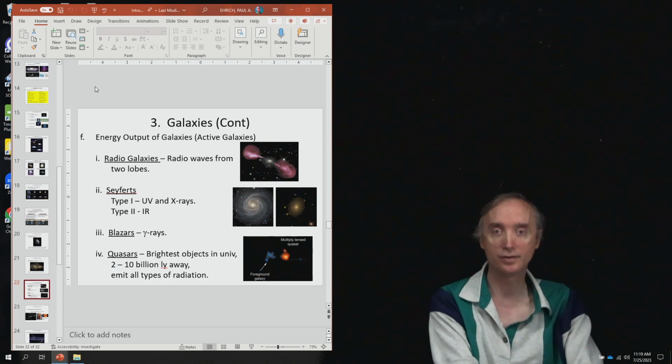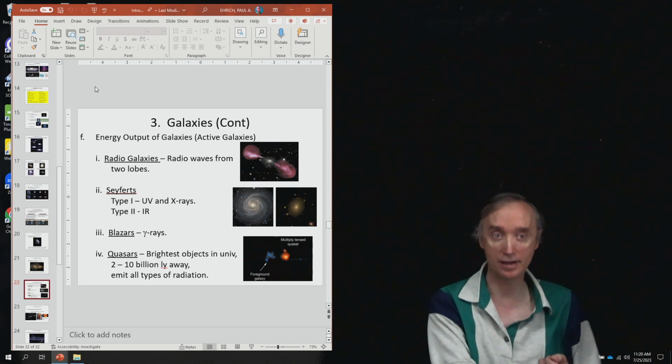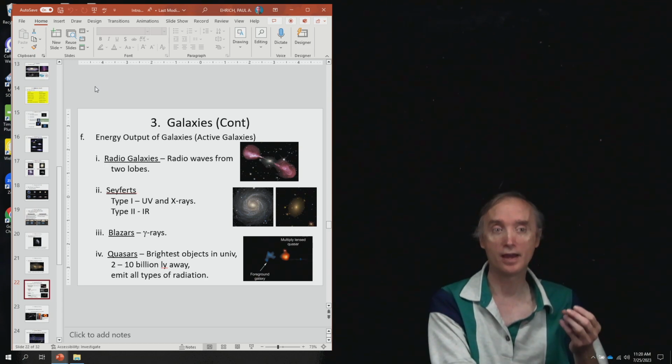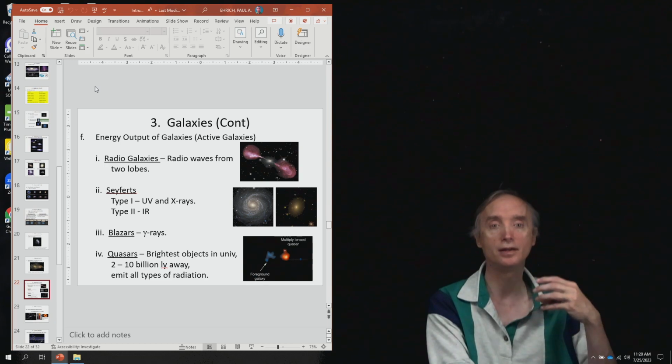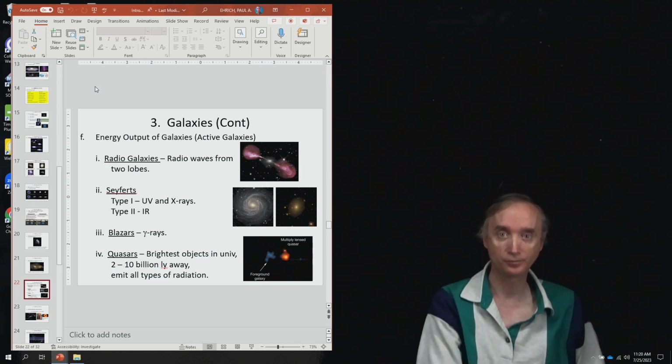They're so bright that we can see them up to 10 billion light years away. Now that's a clue, because if they're 10 billion light years away, we're seeing them as they existed 10 billion years ago when they were young and they had a lot of gas. If they have a lot of gas, that means they're making a lot of stars, which means they're giving off a lot of energy.